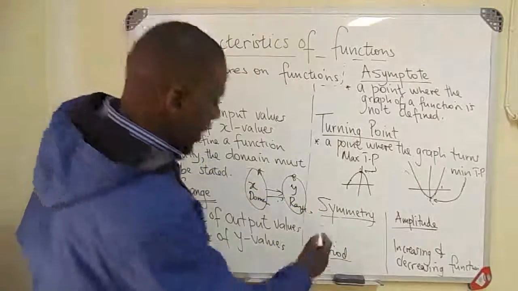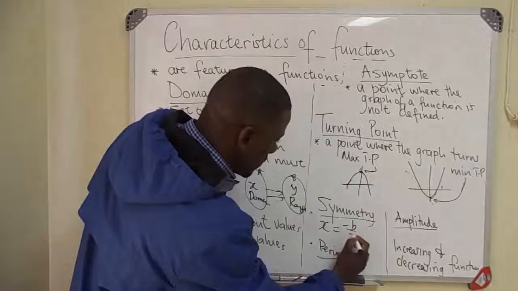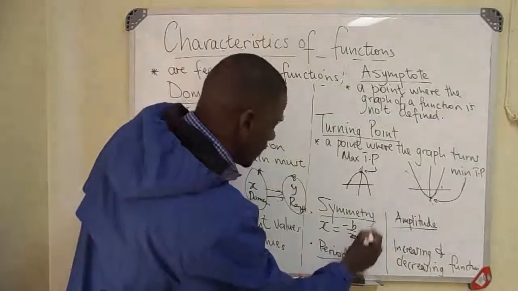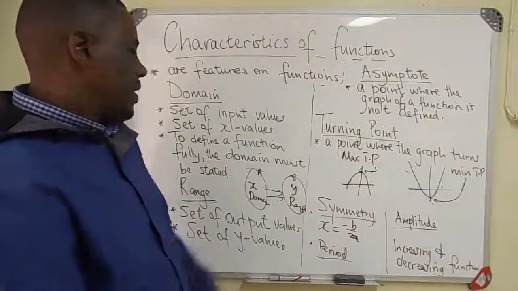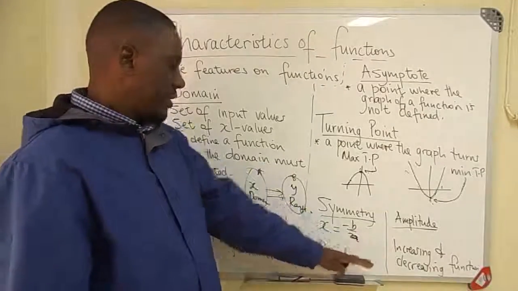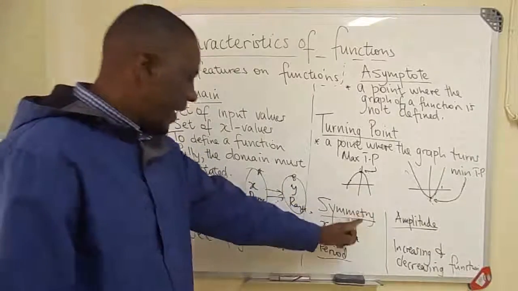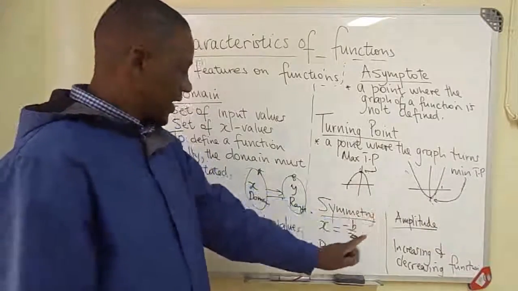For a parabola, we have x equals minus b over 2a. That's our line of symmetry, the x value at the turning point of a parabola.